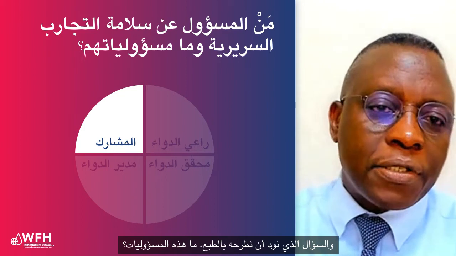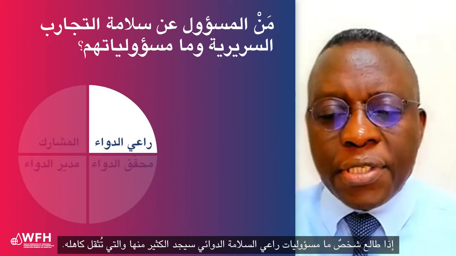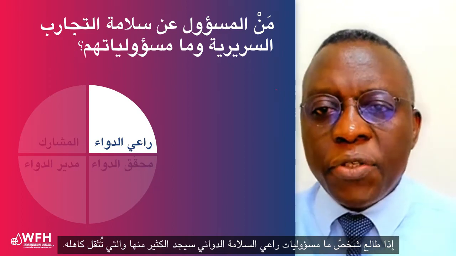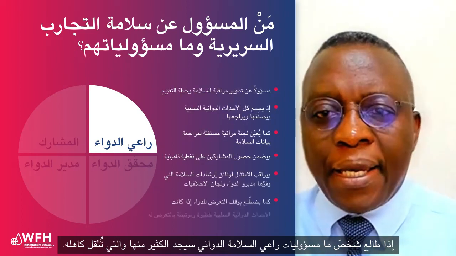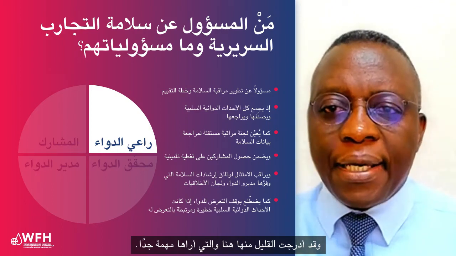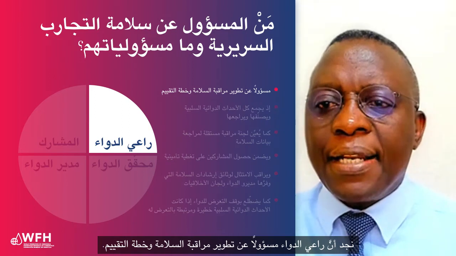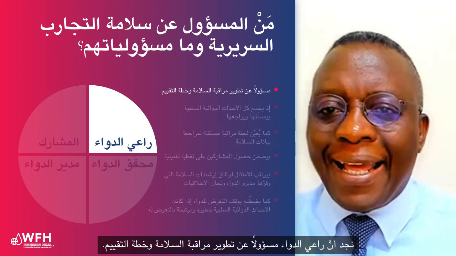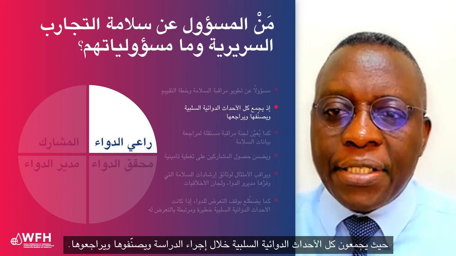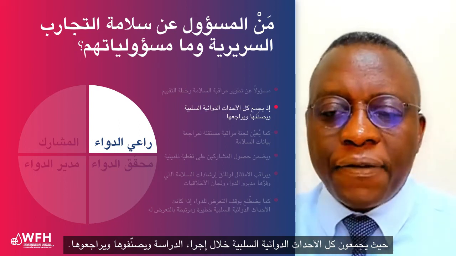The question, of course, is what are these responsibilities? If one looks at the sponsor's safety responsibilities, you can see that there are many, and I've listed a few here which I think are very important. The sponsor is responsible for formulating a safety monitoring and evaluation plan. They collect, categorize and review all of the adverse events during the conduct of the study.